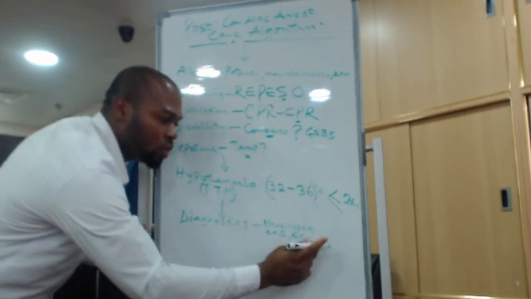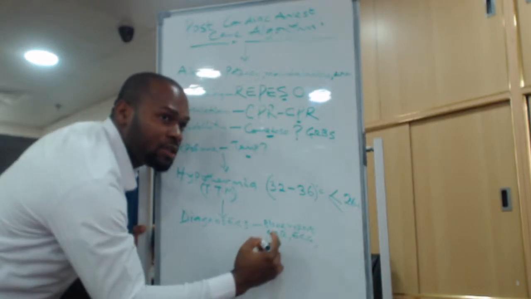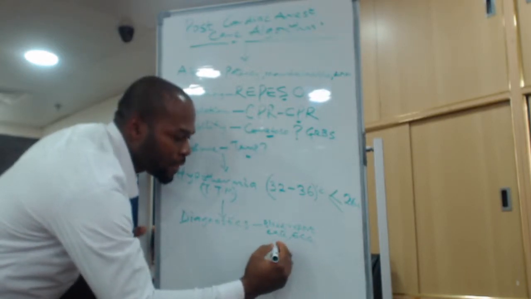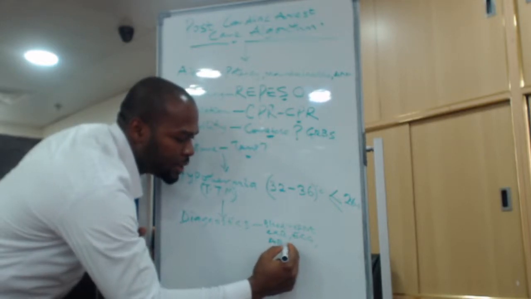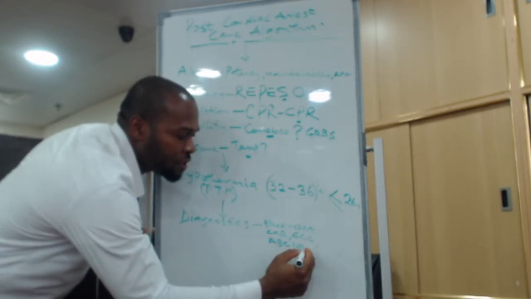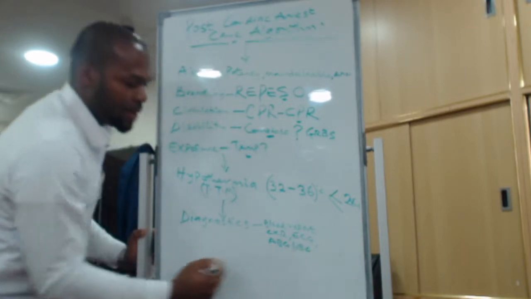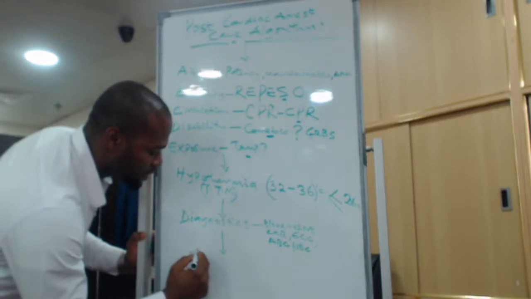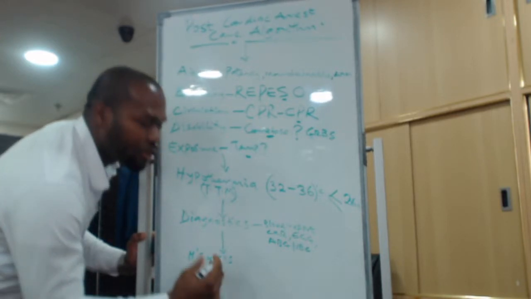Read them. What else? ABG or VBG, venous blood gas. Okay? And then you can still reconsider the H's and T's to refine your diagnosis.